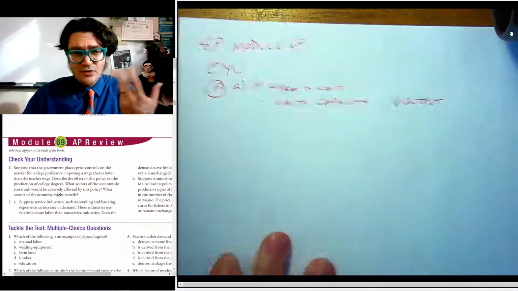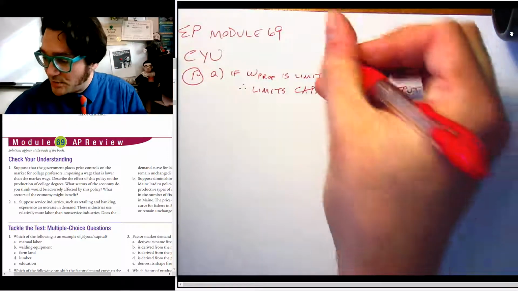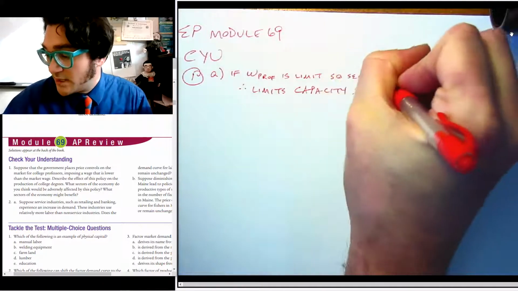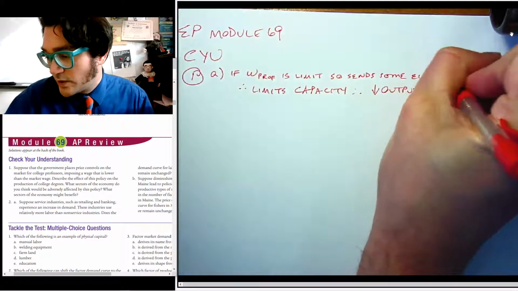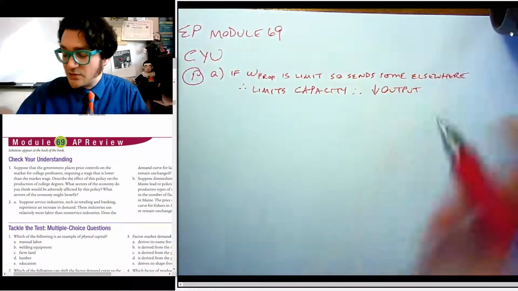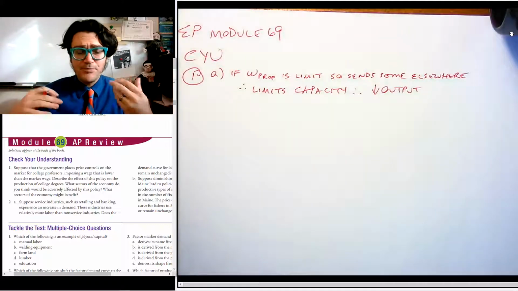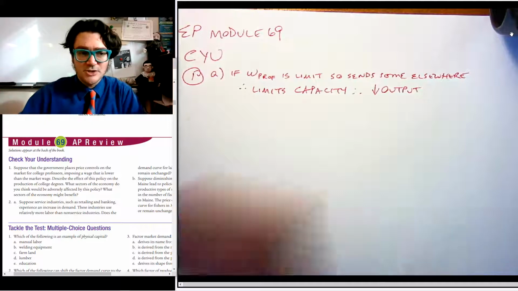If you were to limit the wage, it's going to send some people elsewhere. That's the explanation you can rely on here: if you had that sort of cap, it would send some of those professors somewhere else looking for a different job, and that would limit the capacity of the universities, which would decrease the output of college degrees.